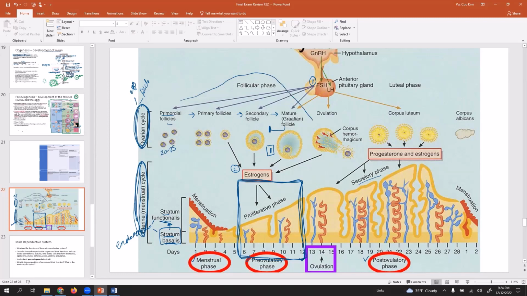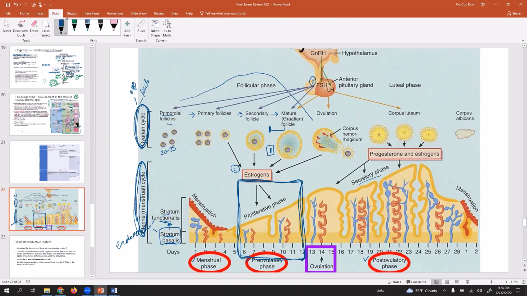When FSH goes down, what's going to happen? What replaces it? LH. That's right. So LH is going to start to go up here. And it's because of the LH that drives what to happen? Ovulation. That's right. So FSH goes down, LH goes up. Now, once ovulation happens, the corpus luteum right here is maintained by LH.